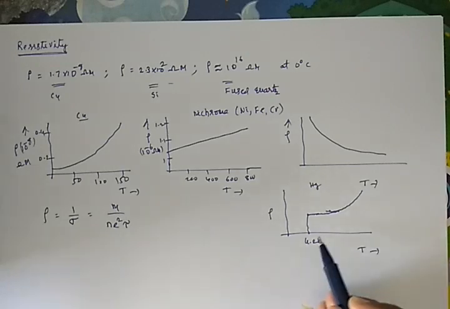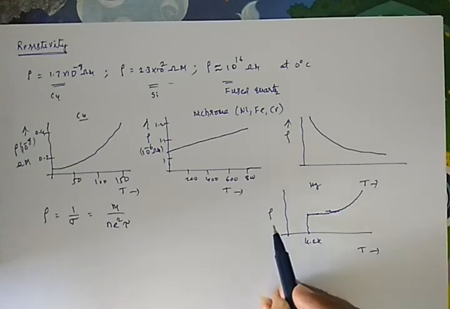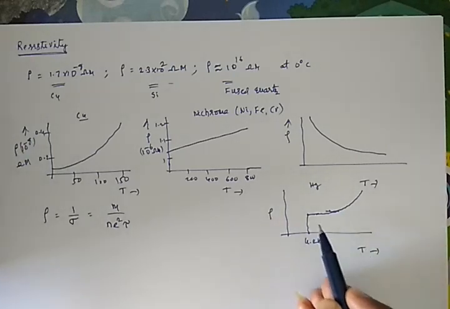Now when you increase the temperature above 4.2, you will have non-zero resistivity. The temperature at which the resistivity goes to 0 is called the critical temperature, and the critical temperature for mercury is 4.2.